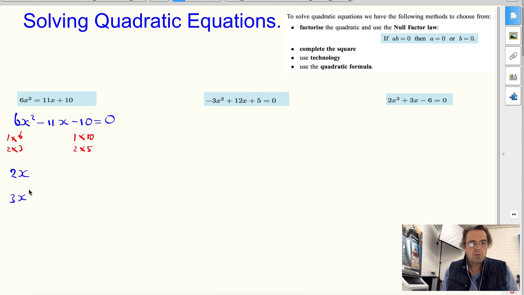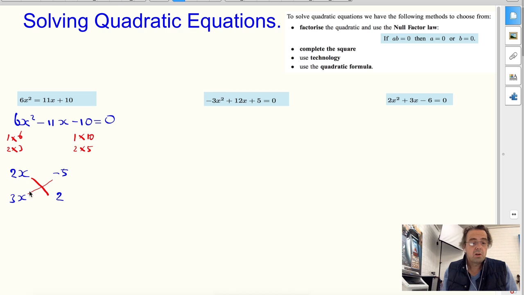That means the cross product here needs to be negative 15, so I'm going to put a negative 5 there and a 2 there. So the cross product is 3x times negative 5, that's negative 15x, and 2x times 2 is a positive 4x. Negative 15x plus 4x exactly makes that negative 11x. So now my cross product is complete.